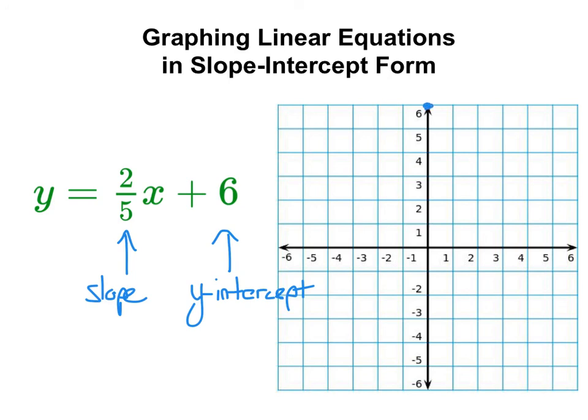That means I'm going to have to fall with my slope. My slope is fall 2, run 5, so I come down 1, 2, and run 1, 2, 3, 4, 5.